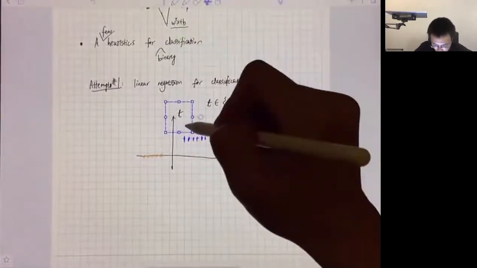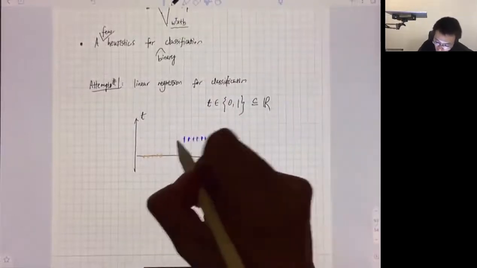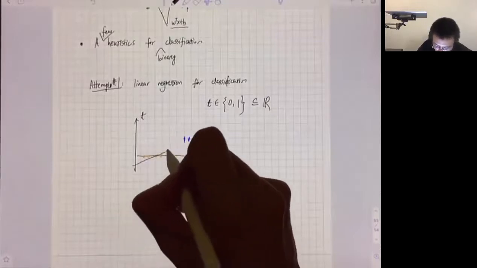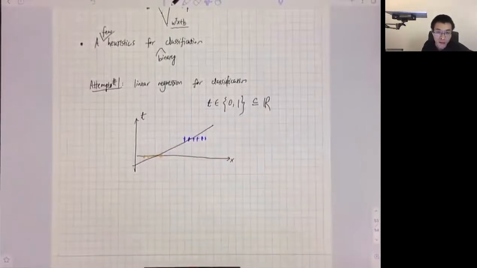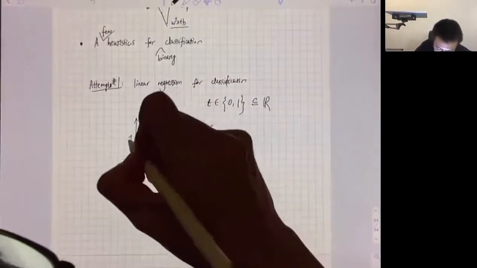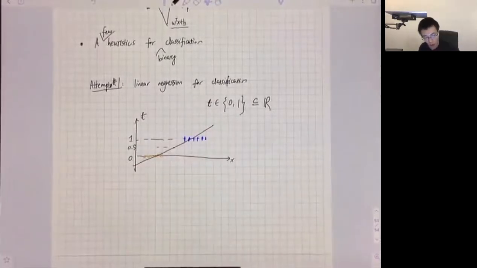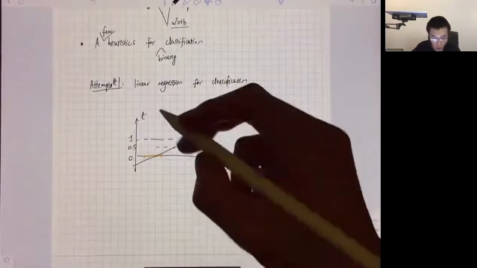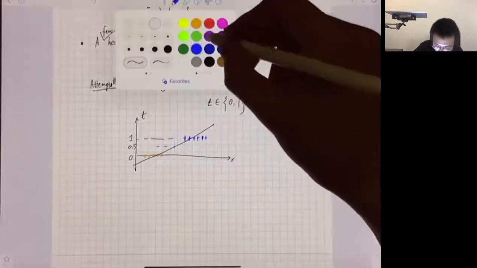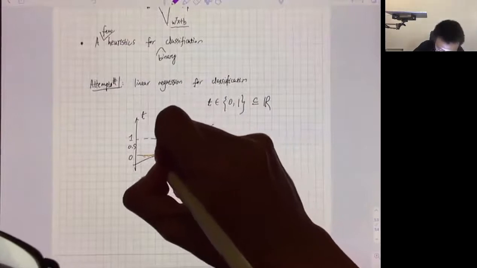Then I can learn a linear regression model like this, and I cut off at 0.5. The target here is 1, here it's 0, so I cut it off at 0.5. If I cut it off at 0.5, then I get a step function, drawn in purple. This is my learned hypothesis.